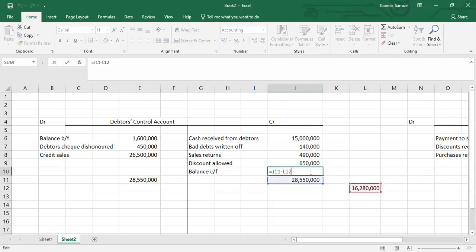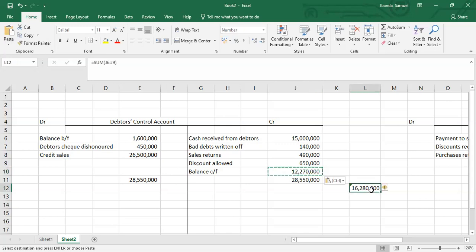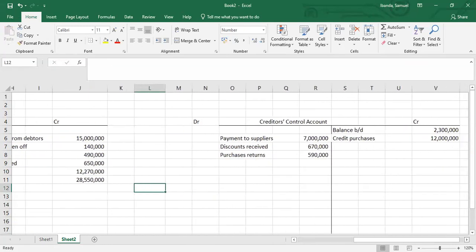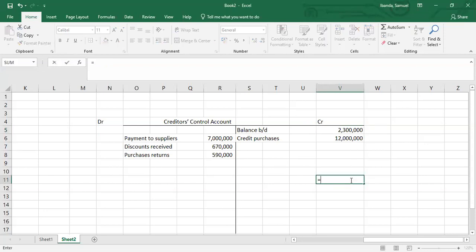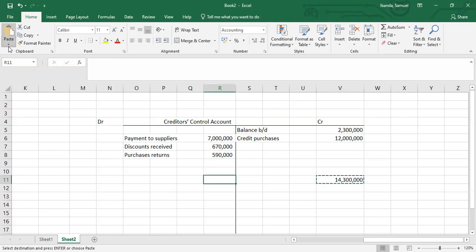Let me just make sure that I copy and paste values to be able to read this, so as not to confuse you. So I'll come right here. Since I know that these are basically creditors, this side is always higher. So I'll just get the summation of this side. It's 14.3. That's the same balance that should actually appear here.